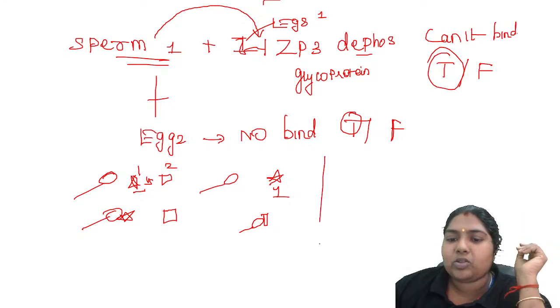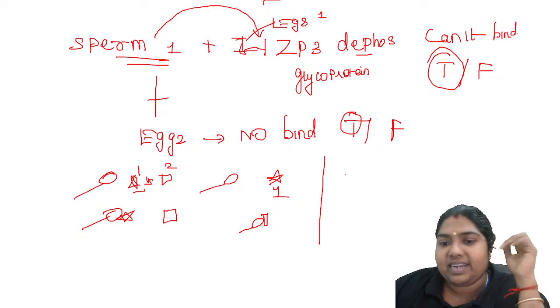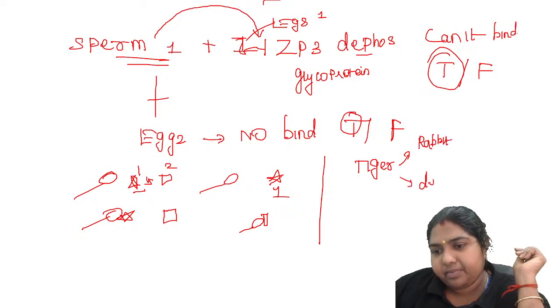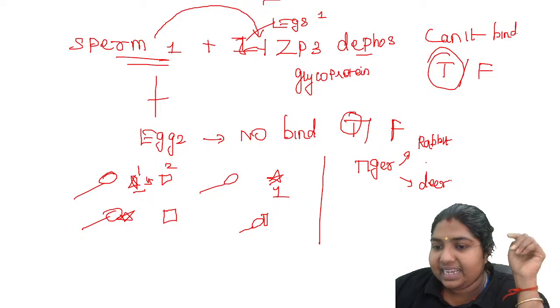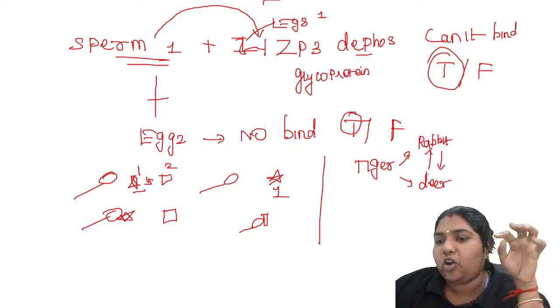This is similar to a story we could have studied in ecology. There is a tiger. If the tiger eats the rabbit, the deer will escape. If the tiger is not eating the rabbit, then the deer will fall.